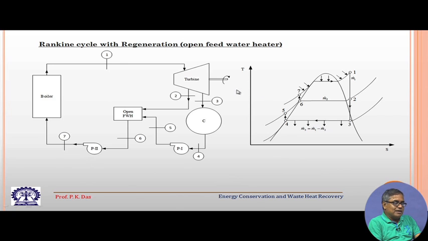Now, there are a few questions to be asked. You see, the condensate has to be heated from point 1 up to this point, where we are getting saturated liquid at boiler pressure.